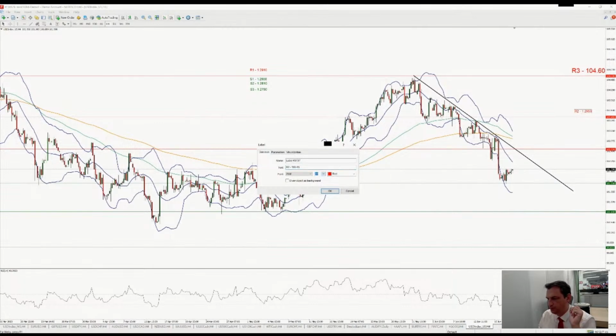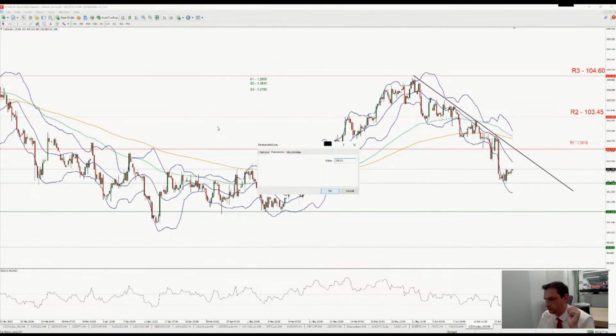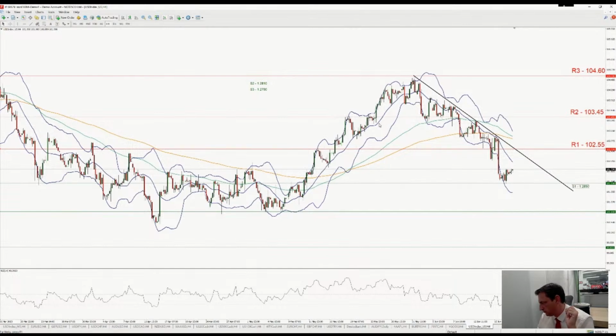Let's set up the labels as well. That's the first resistance line. First support line at 101.6.